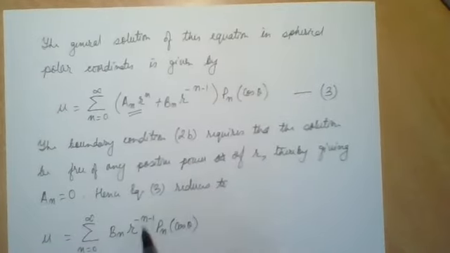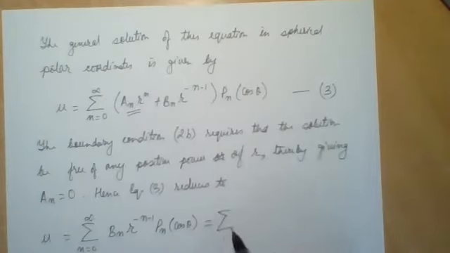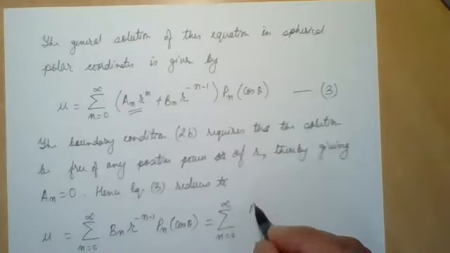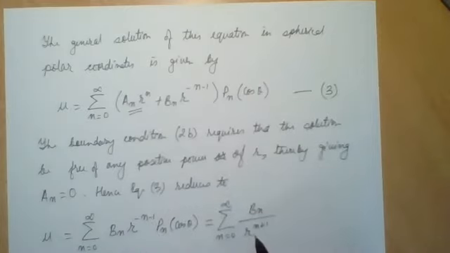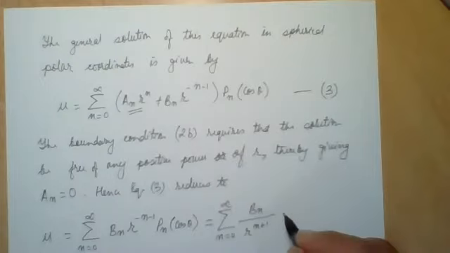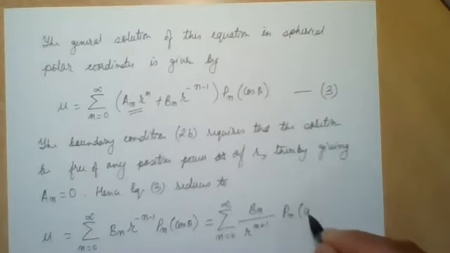This R to the power minus n minus 1, we can bring it to the denominator. So this can also be written as summation n from 0 to infinity, Bn by R to the power n plus 1, Pn cos theta. We call this equation number 4.